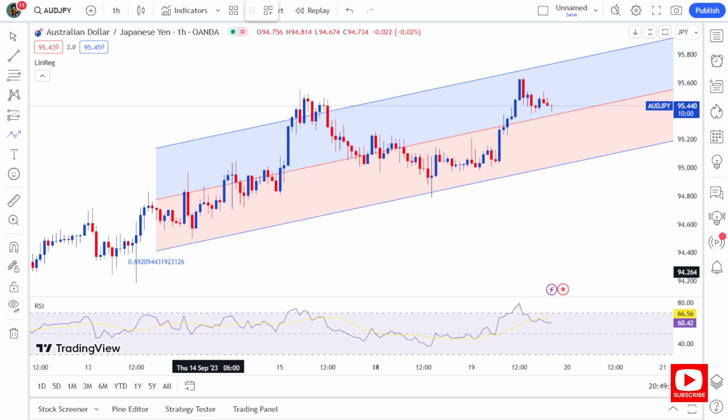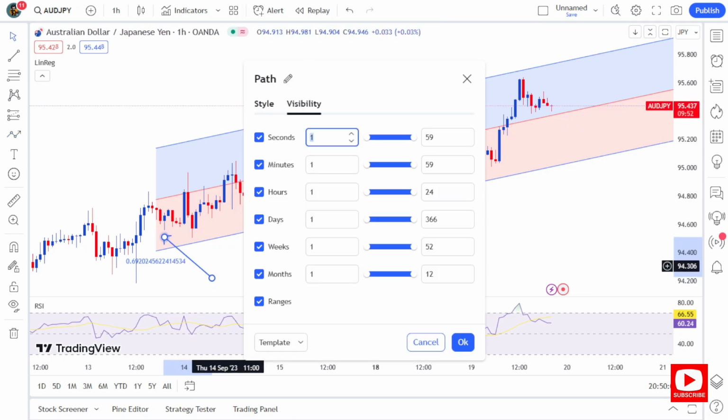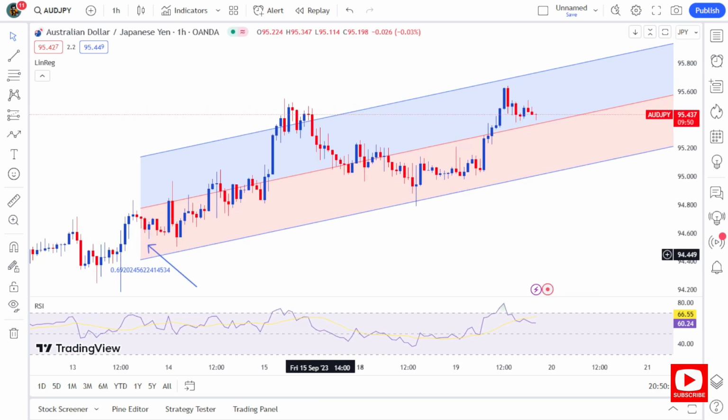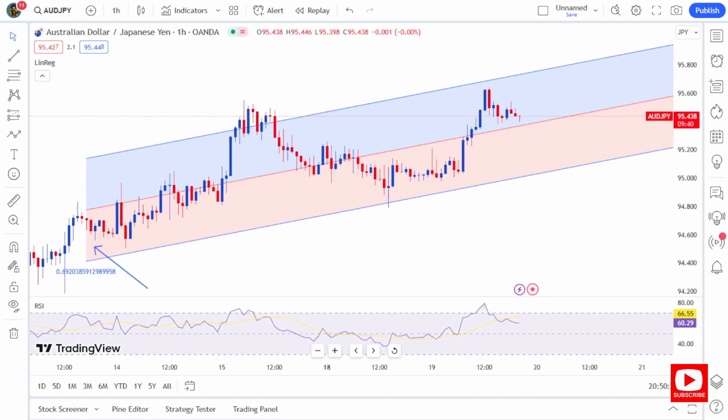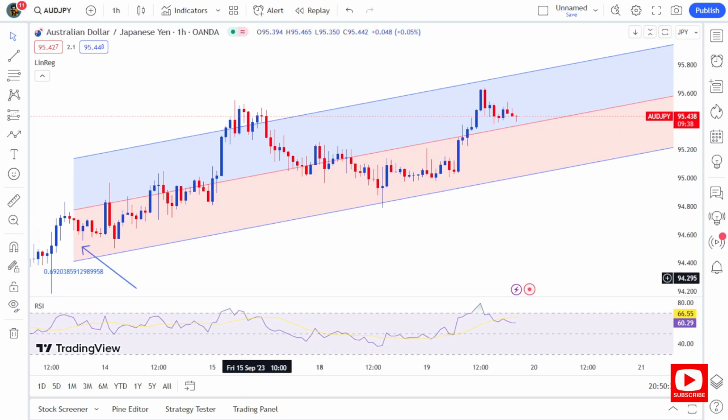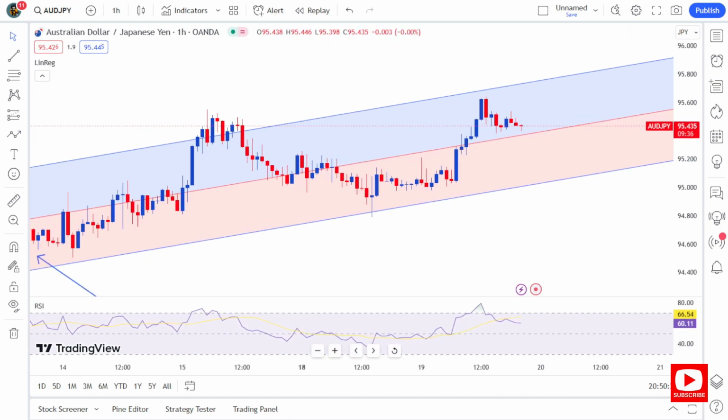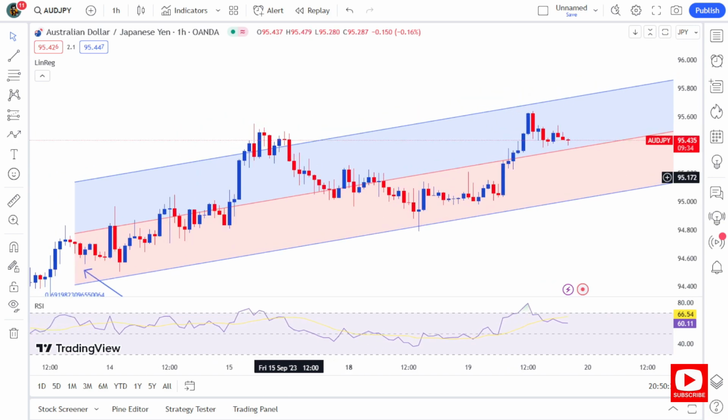The linear regression channel showed, by creating this anchor point here, an uptrend. Markets touched the upper band, the upper channel line, and as you see, it creates a quasi-model pattern. If we go on a lower time frame, it will form a quasi-model pattern.